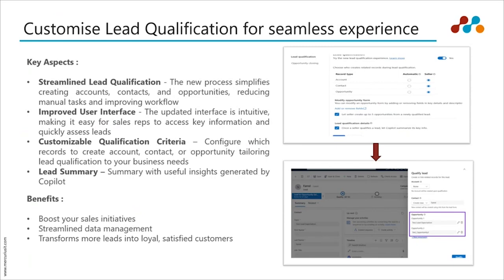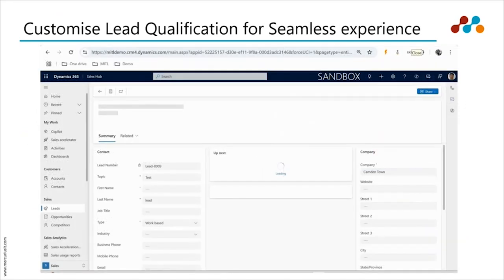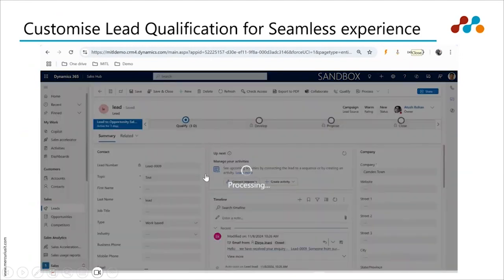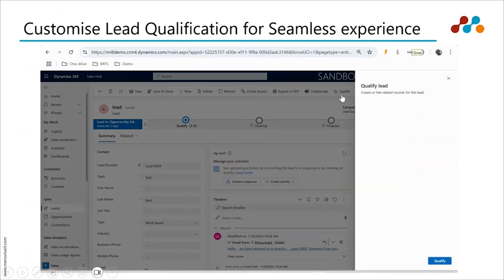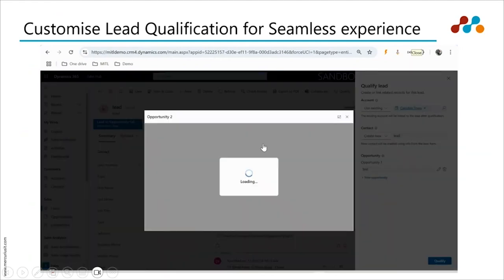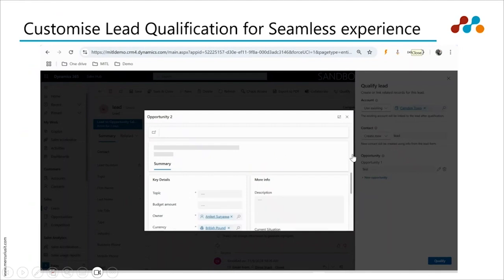So how exactly does this particular feature work? As you can see over here, this is the sales hub module where we have opened a lead which needs to be qualified into an actual customer. If a sales representative clicks on the qualify button, a new interface pops up with the account and contact fields, where a salesperson can use existing data of an account or a contact in order to convert this lead, or they can create a new one.